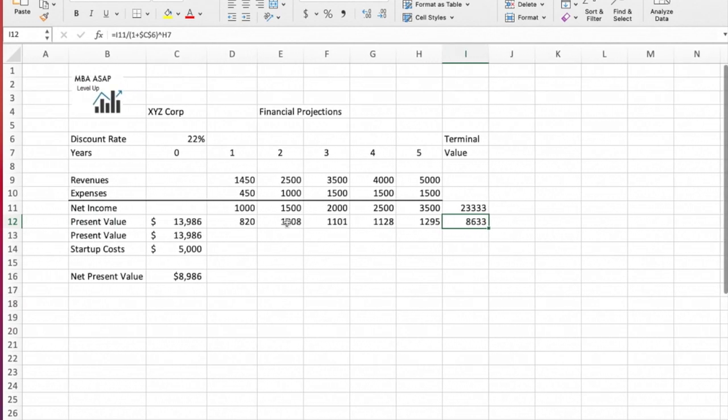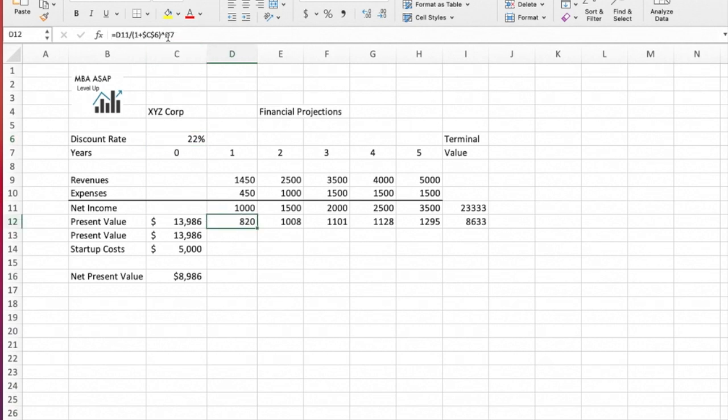So now what we do is we take these numbers and we have to discount them back to year zero for each of these years, right? So the formula for doing that is this. It's one, and I showed you on the board, the cash flow divided by 1 plus the interest rate, the discount rate, which is this guy here, C6. That's that number there, C6.